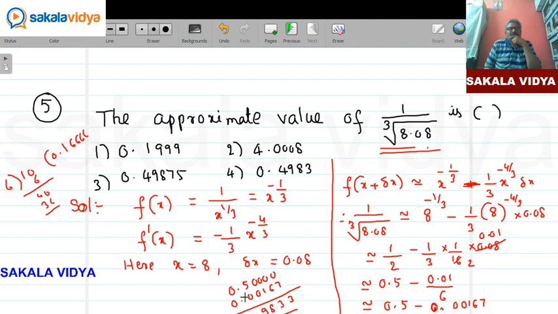So that will be approximately the third option. Okay, sorry, not the third option, here it is the fourth option only. So leave this one because 0.4983 is there.